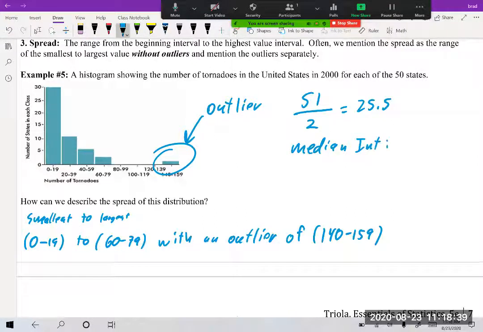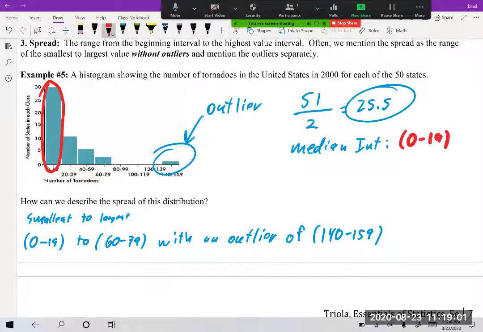If we wanted to find that, we would have to find where the 25.5 states take place. Well, as it turns out, how many are right here in this first category? This first category of 0 to 19 has 30 states. So the median interval is actually 0 to 19, the very first one.